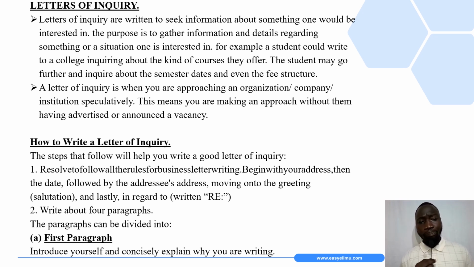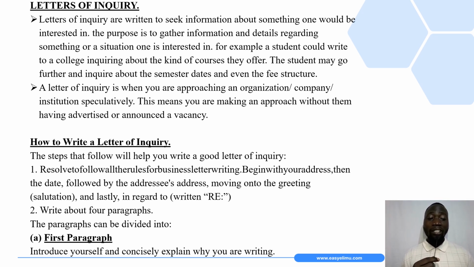So the next thing that we have here is how to write a letter of inquiry. So the steps that follow will help you write a good letter of inquiry in your exams. So the first step, resolve to follow all the rules for business letter writing. Remember, this is a formal letter, and therefore it must take the format for writing official or formal letters.